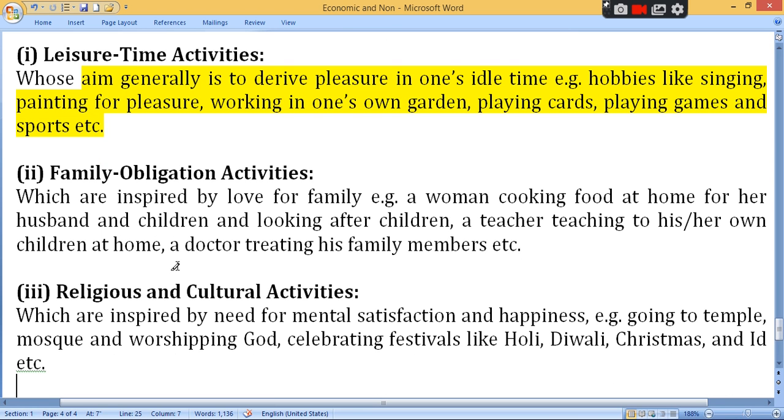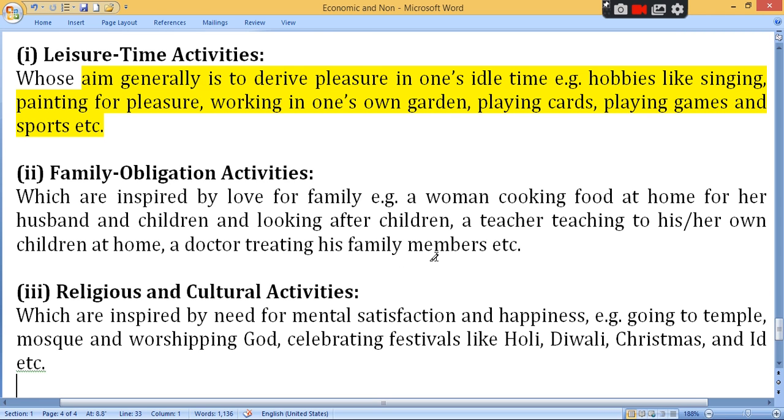Clear? Family obligations. Obligation means responsibility towards family, inspired by love for family. Examples: a woman cooking food at home for her husband and children and looking after children; a teacher teaching her own children at home; a doctor treating his own family members.